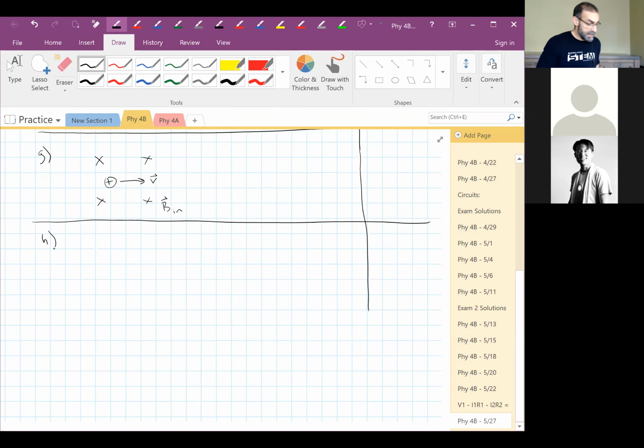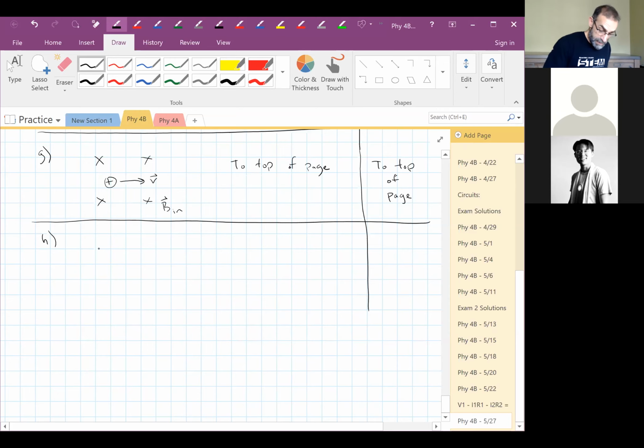V cross B is towards the top of the page, and it's a positive, so the force is also towards the top of the page.